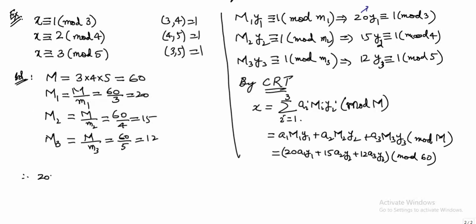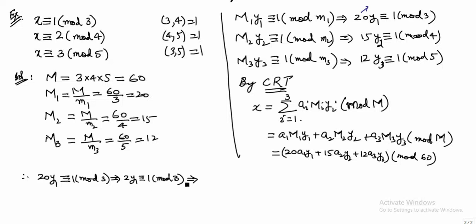So let's try to find the solutions of the three congruences. 20 y1 is congruent to 1 modulo 3. Since 20 is 2 in modulo 3, we have 2 y1 congruent to 1 modulo 3, and the inverse of 2 is 2 here.